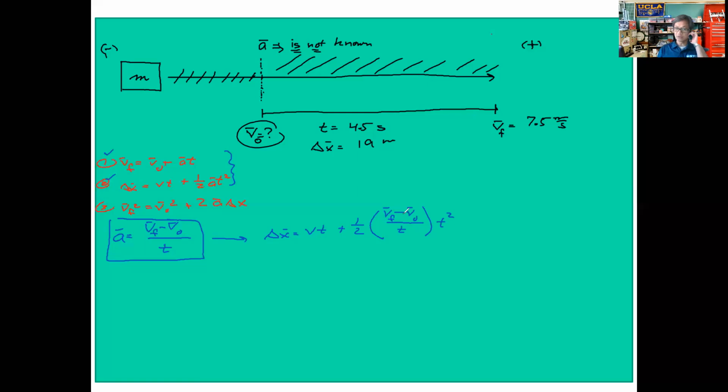Hopefully you see that. Now, before we go on, what we want to assume is that he is moving at constant velocity before he enters into this acceleration phase. So this velocity represents the velocity that he's moving at before he enters there, which is going to be an initial velocity. Let me write that in here.